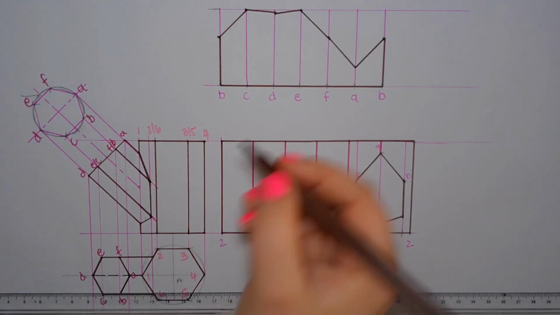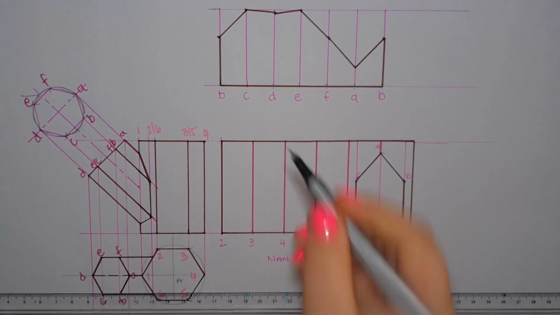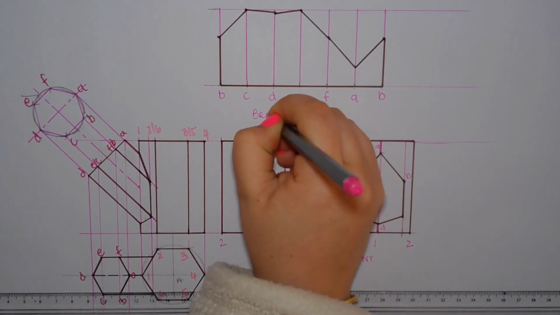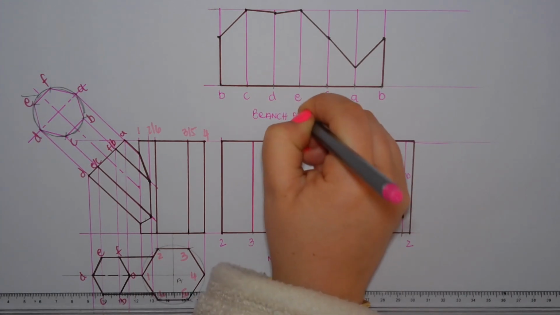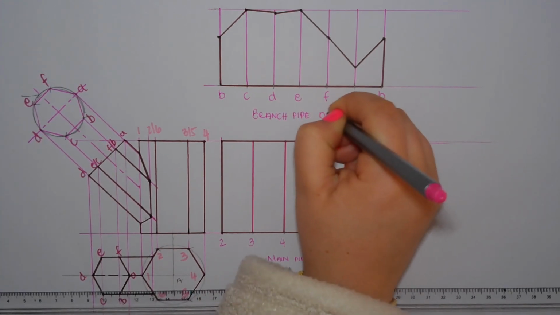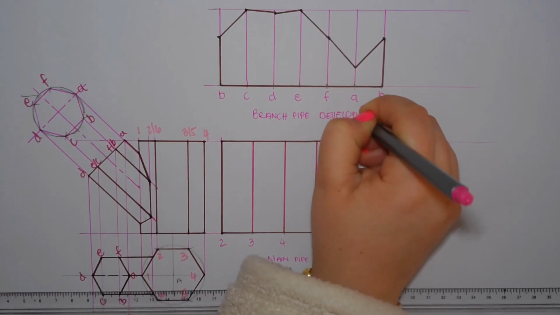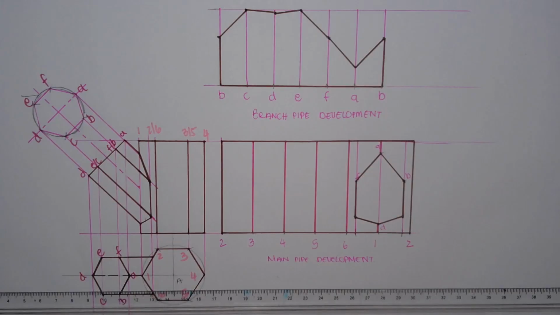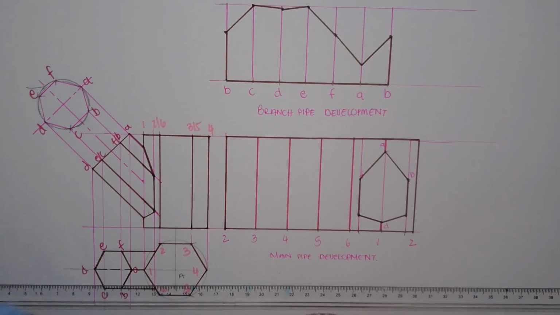Before we can call this done, I need to label branch pipe development. And after this, we are done.